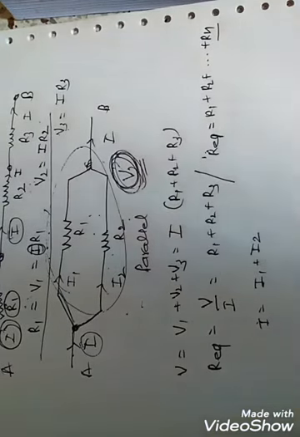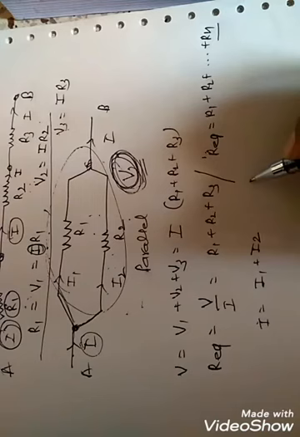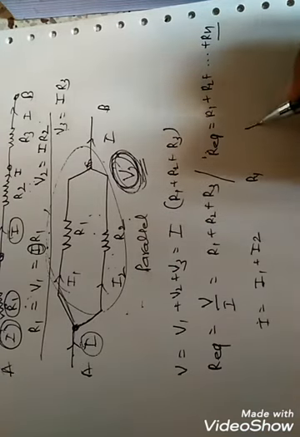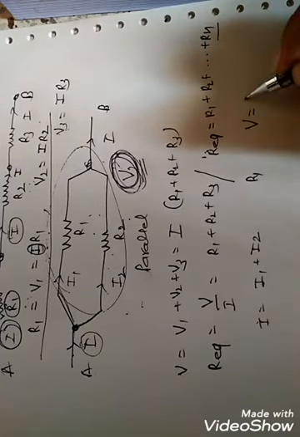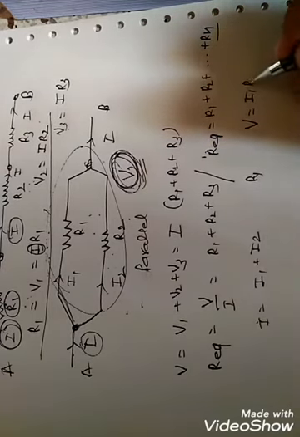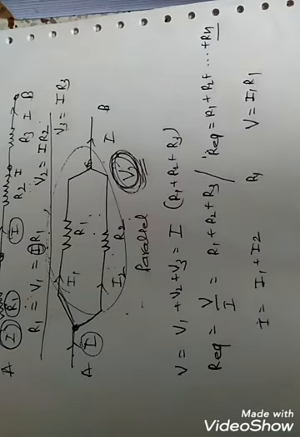For the potential difference between A and B, Ohm's law applied to R1 gives V is equal to I1 R1.